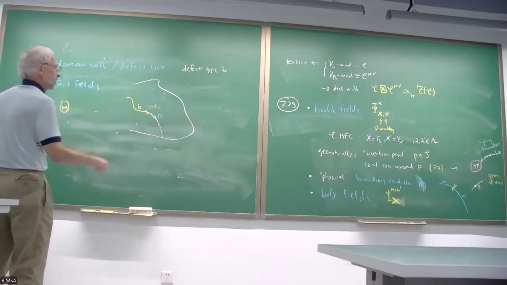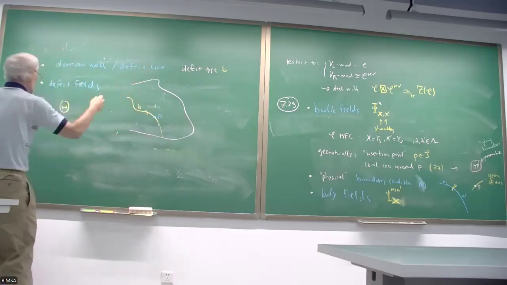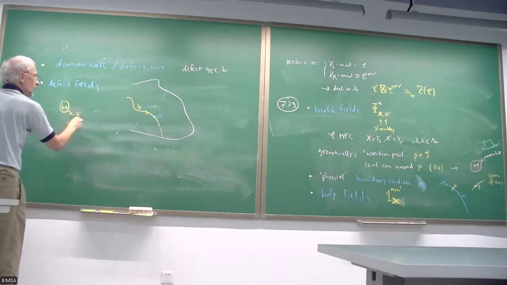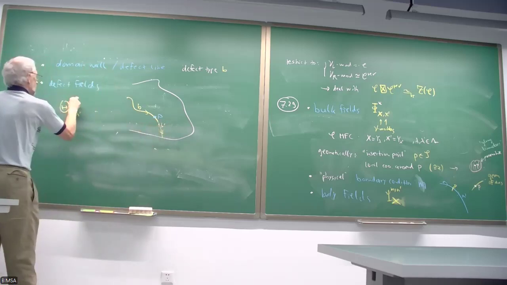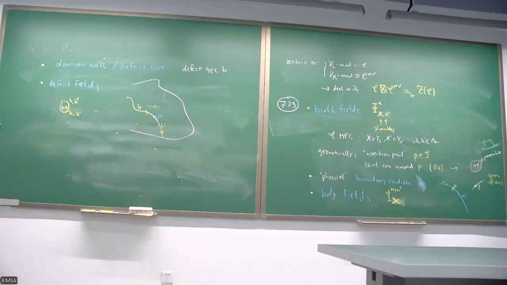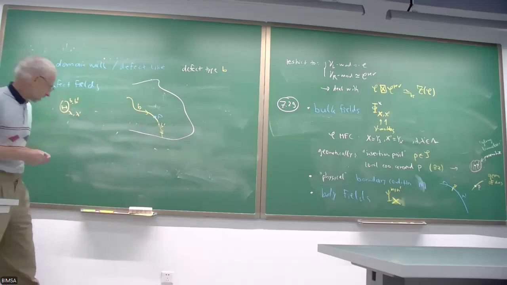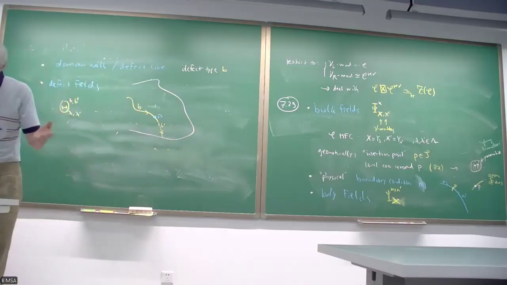They have, again, just like ordinary bulk fields in the interior, two private labels, but now they will also depend on two of these defect labels, and again, I haven't determined what they are conceptually. That we will have to explain.